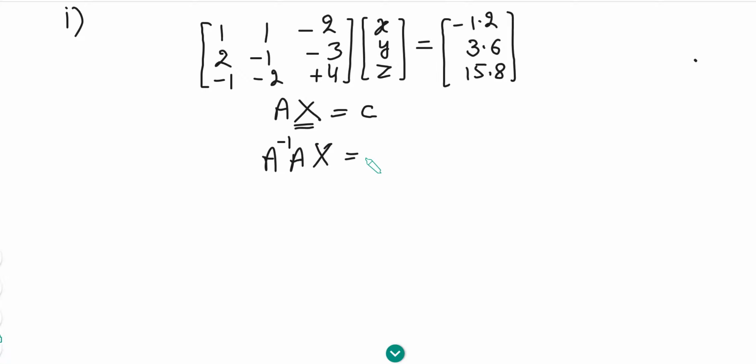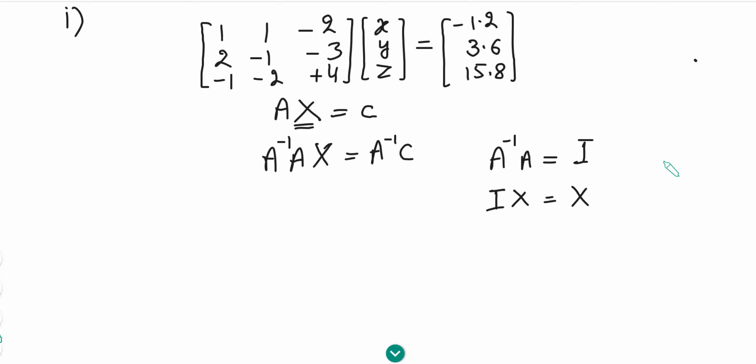Now we know that the inverse of A times A is equal to the identity matrix, and if you multiply the identity matrix with any matrix, it will not change and the answer will be the same.